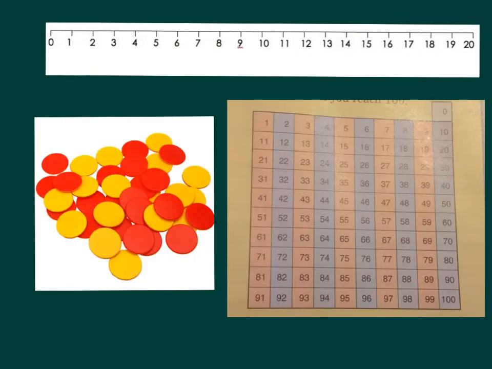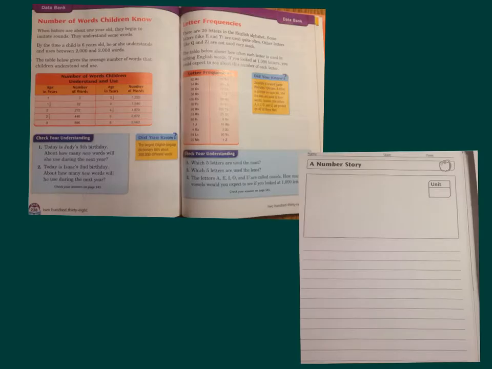Mathematicians, you also might want to use things such as number lines, counters or Unifix cubes, or your 100 grid to help you with page 42. Friends, if you complete page 42, and if time permits, you may also work on further number stories using pages 238 and 239.